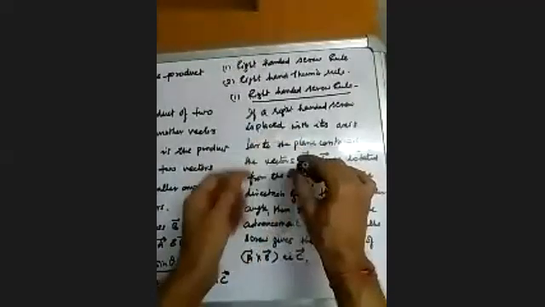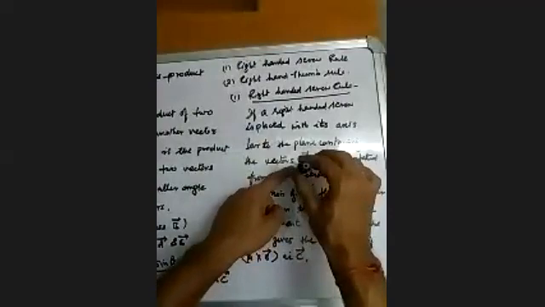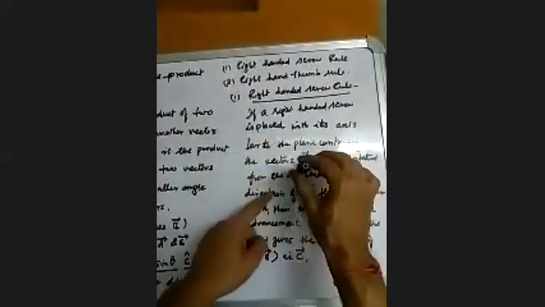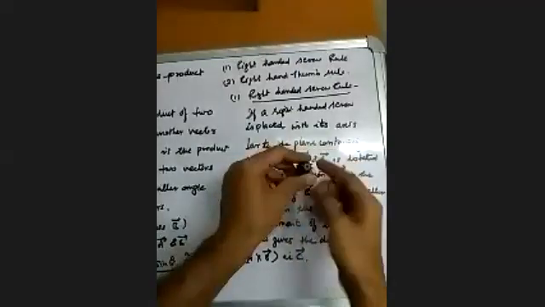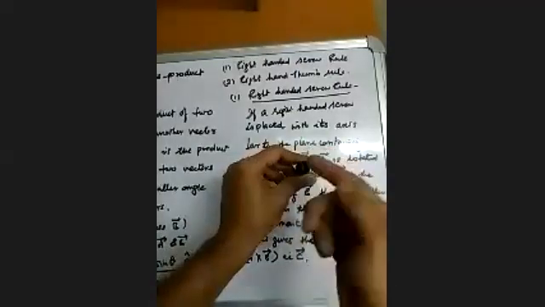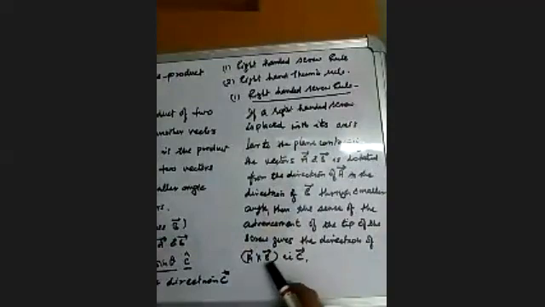And then we turn the screw in the direction from vector A to vector B. Then whatever be the direction of advancement of the tip of the screw will give us the direction of vector C. So we have to remember one thing. The C vector is perpendicular to the plane in which vector A and vector B are located.